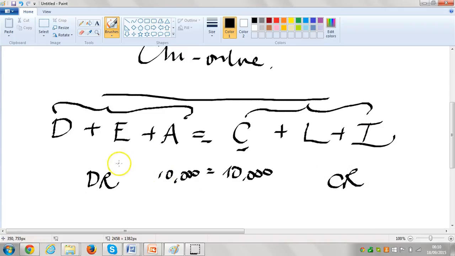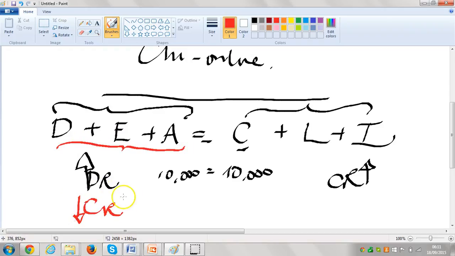And the equation also says, of course, when anything on this side goes down, we credit it. And when anything on this side goes down, we debit it.